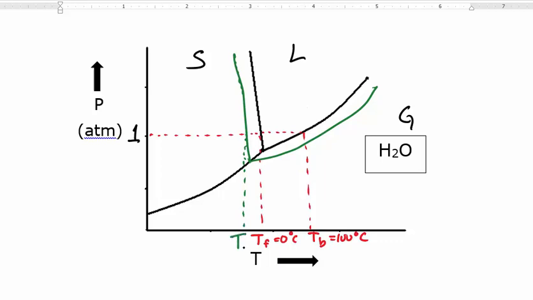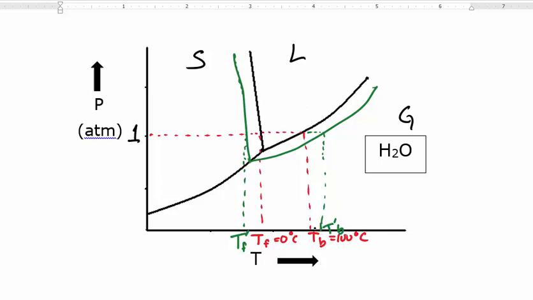There's your new freezing point, T sub F prime, and it also means you have a new boiling point, T prime sub B.